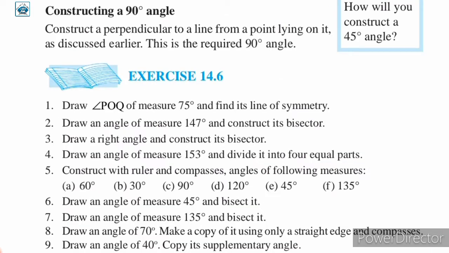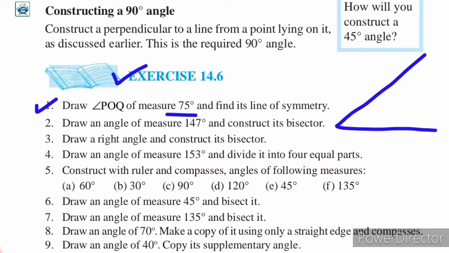Let us now begin exercise 14.6, question number 1. Draw angle POQ of measure 75 degree and find its line of symmetry. In this question, you need to draw an angle and the name of the angle is given to you, POQ. You can draw this angle of 75 degree with the help of a protractor.